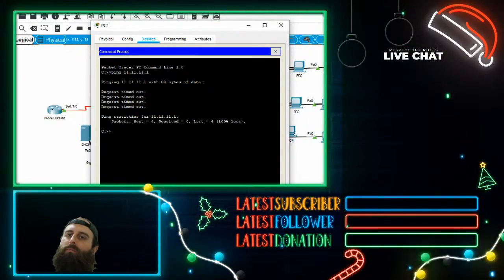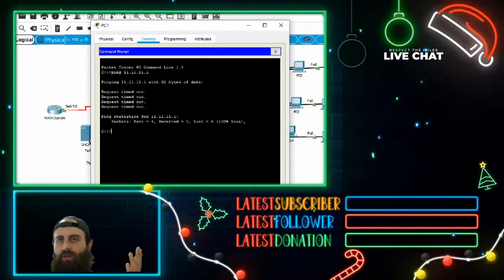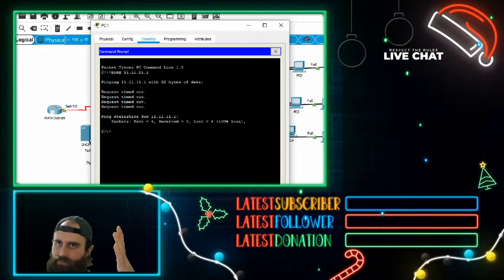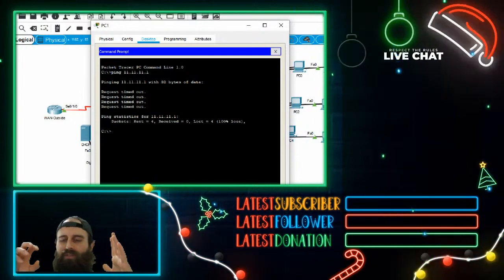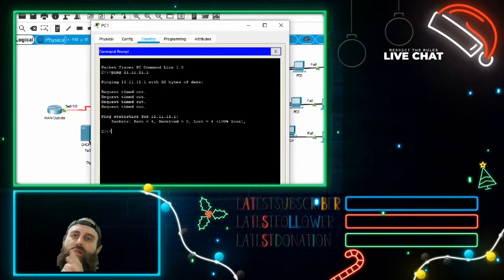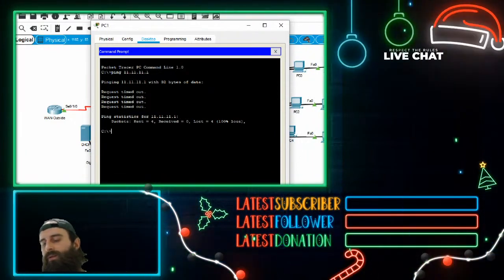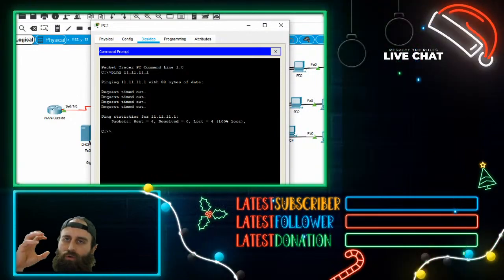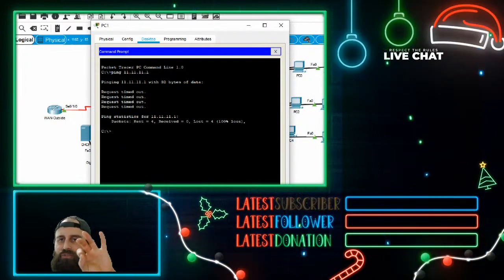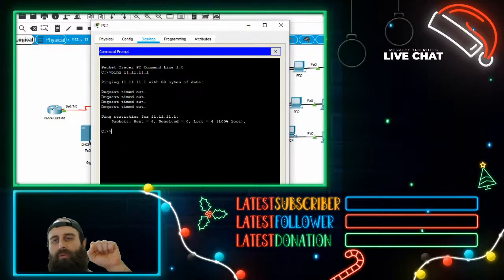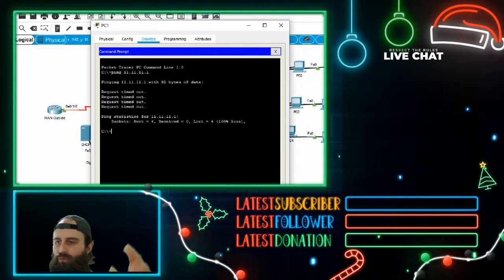So we need to configure NAT, network address translation, on the edge router, so we can take all of our private addresses and be able to talk out to the public internet. You're taking all your private addresses and using one publicly facing address to be able to communicate messages back and forth.